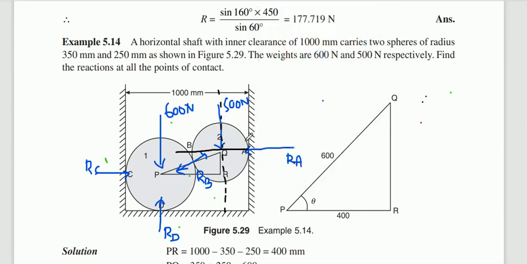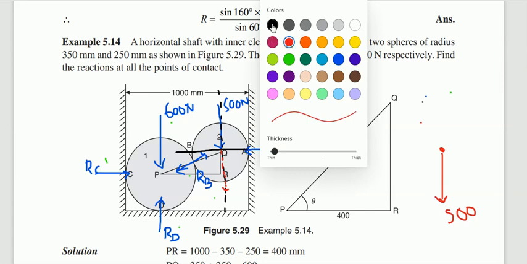You can observe that 500 is a force moving downward, so the line of action of that force is here. Let us consider the center point of the second sphere. 500 Newton is moving downward, therefore you can write 500 Newton here. I will draw the natural x and y axes here also.